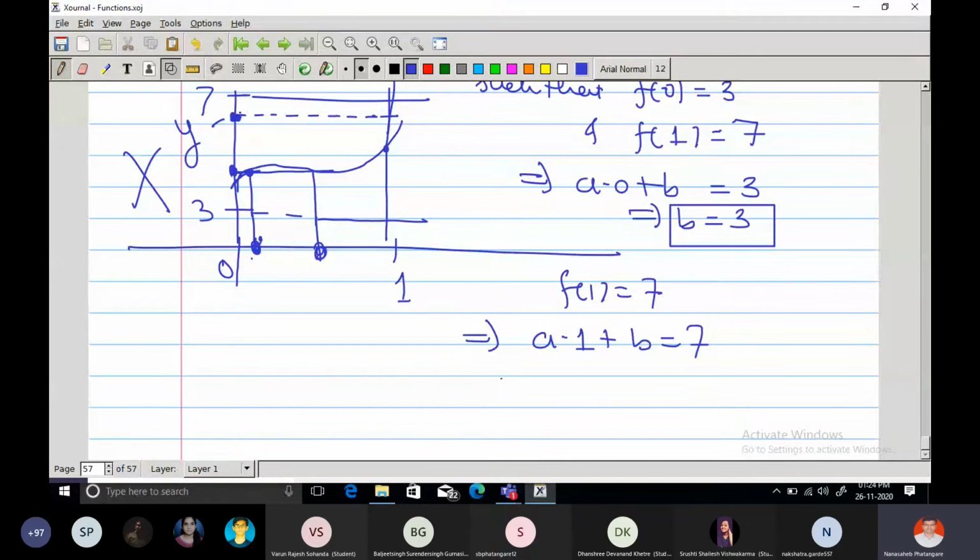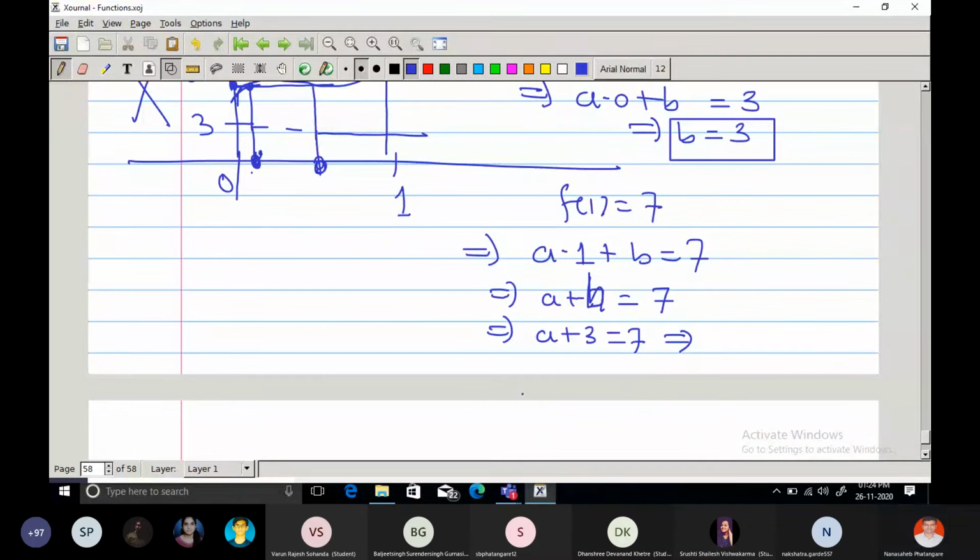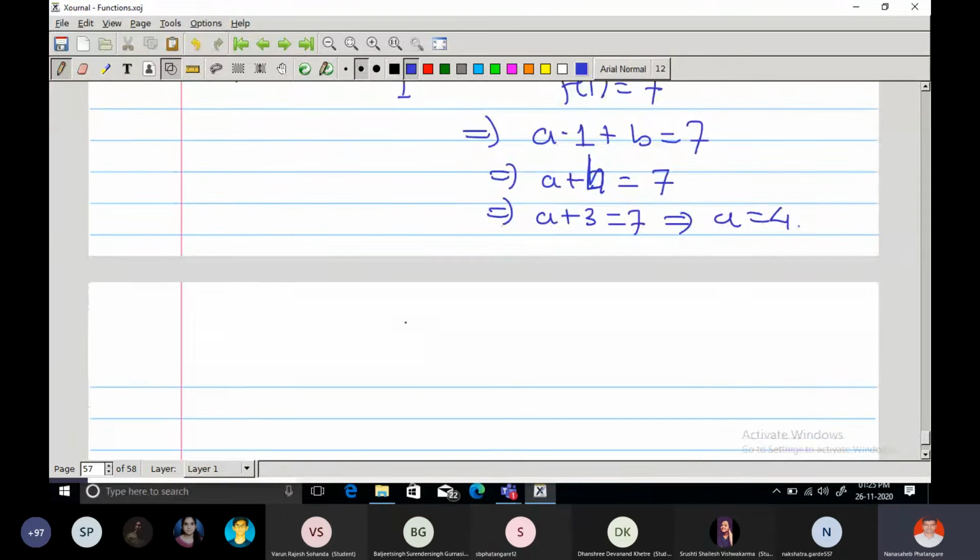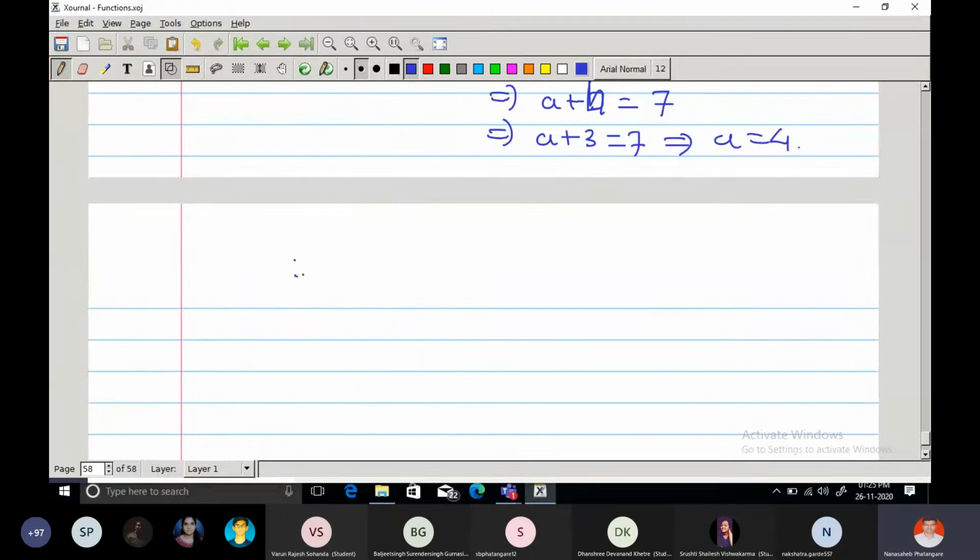So a plus 3 is equal to 7. That means what is the value of a? 4. Therefore a is equal to 4. And therefore what is the function? Therefore f of x is equal to ax plus b, which is 4x plus 3.